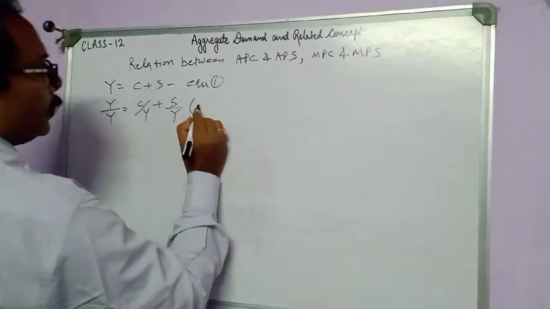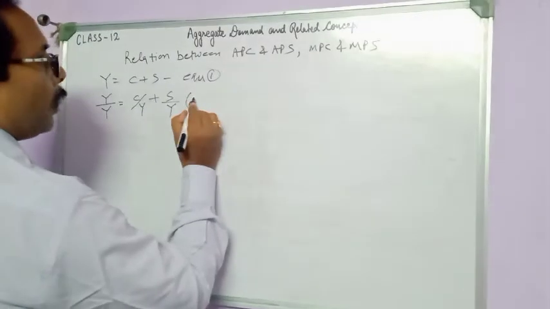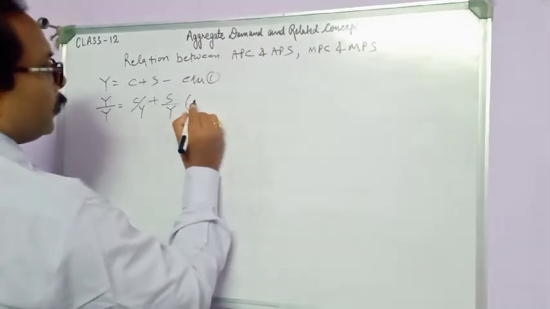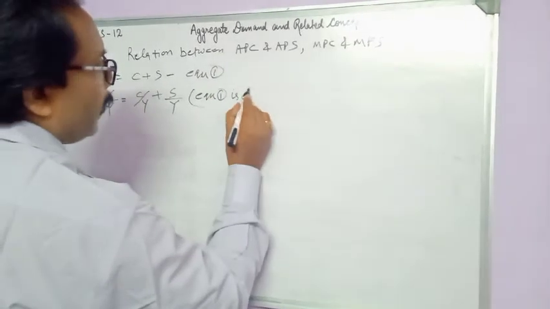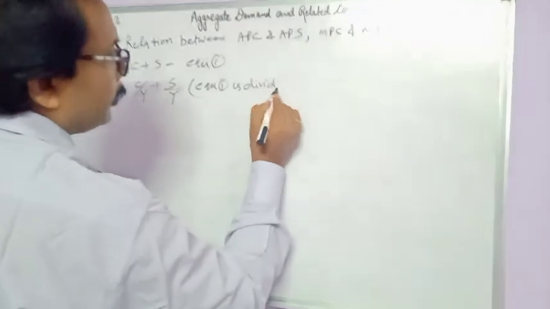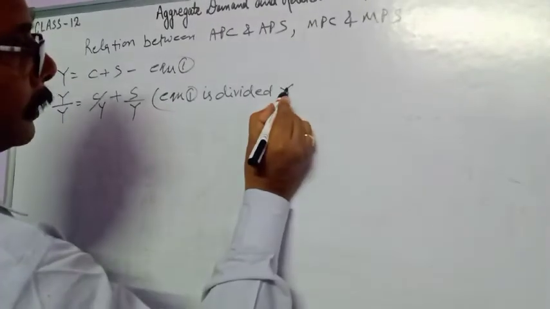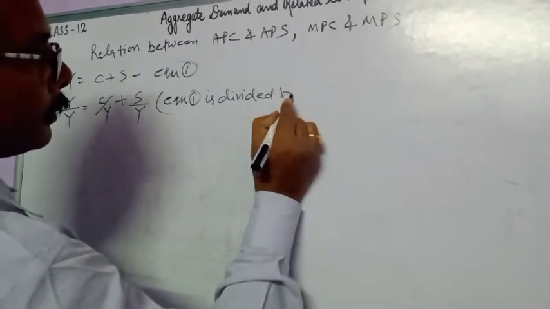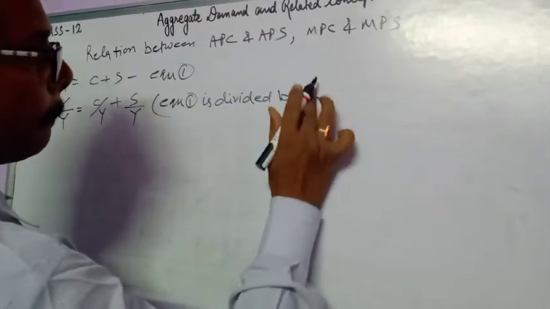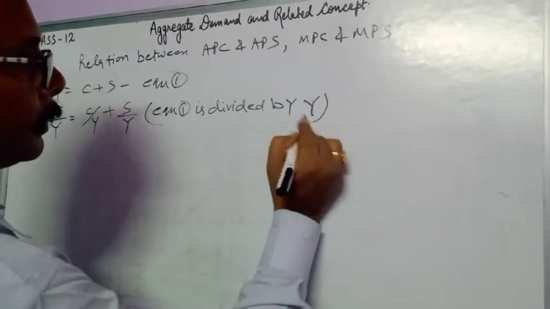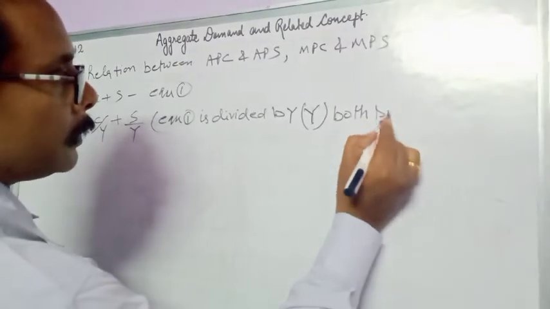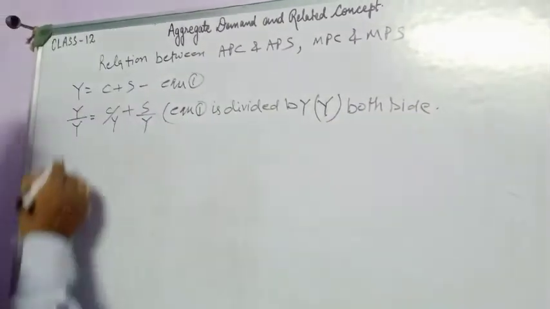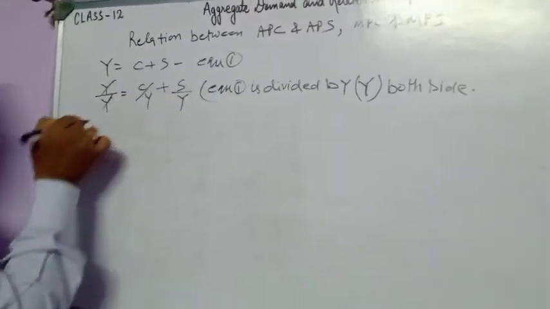So mathematically, the equation 1 is divided by Y on both sides. So it is 1.